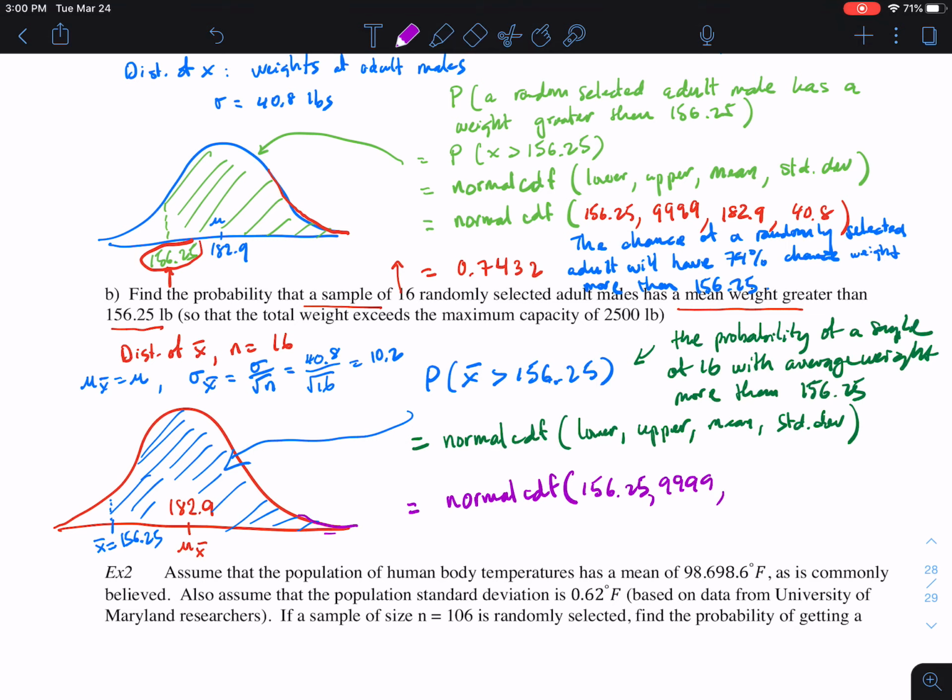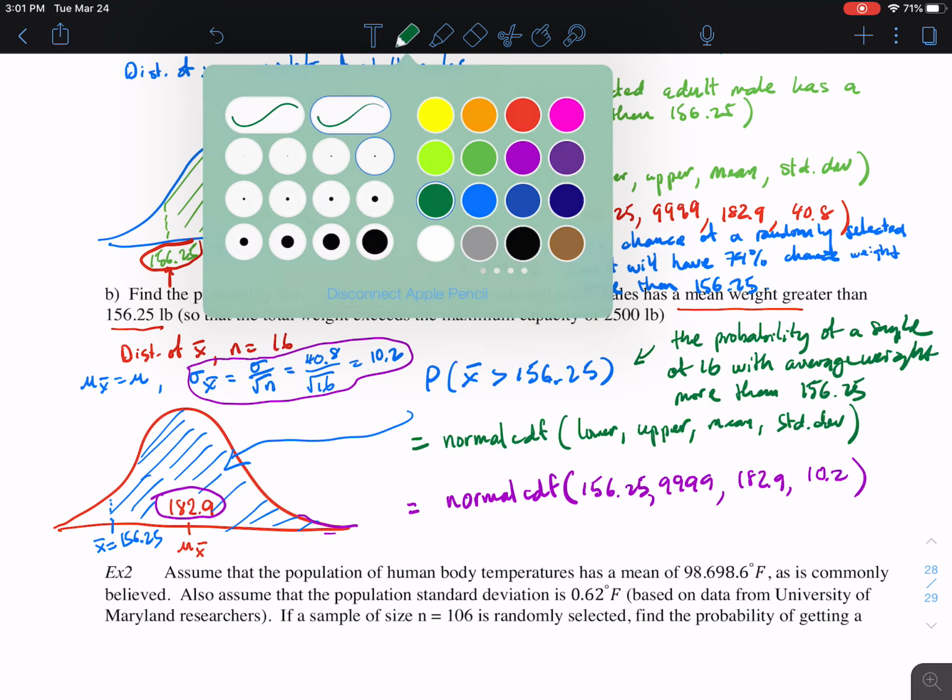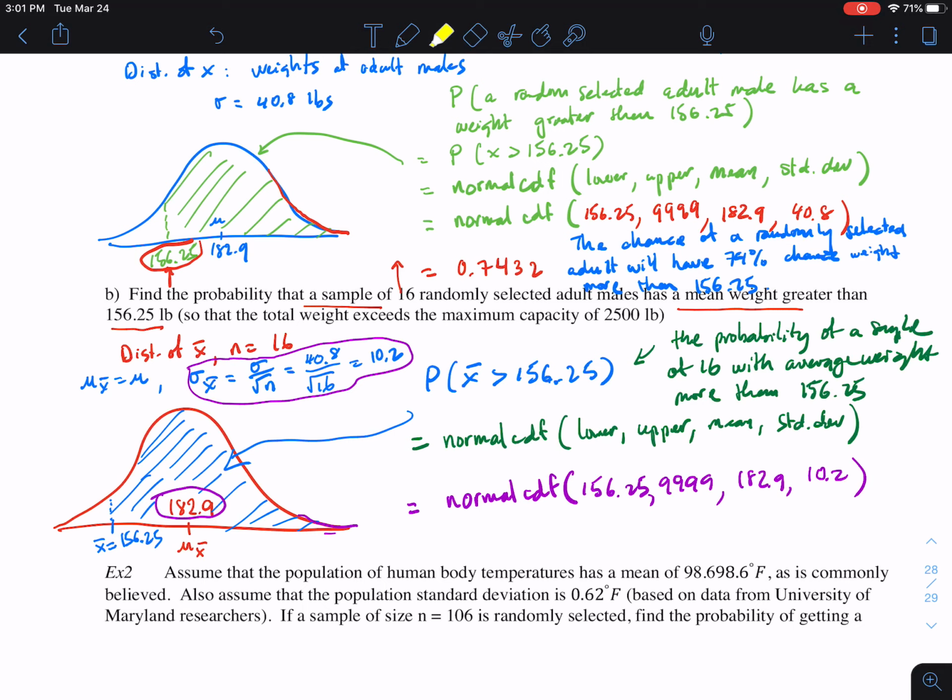The mean is still going to be 182.9. The standard deviation is slightly different, because now the standard deviation for this sample means distribution is not 40.8, but it is 10.2. That part is really important. A lot of students will forget that part, forget to include this different value, which determines which distribution we're working with.